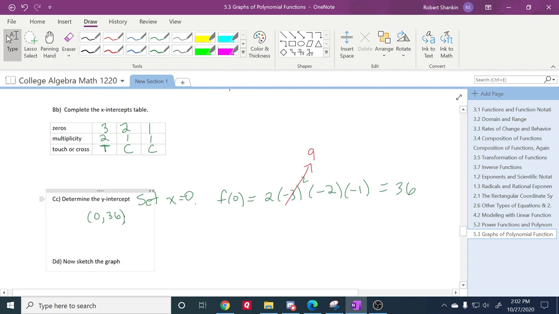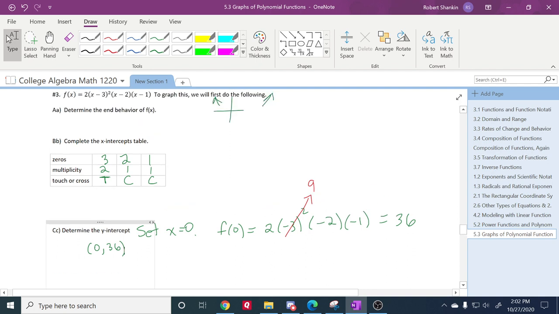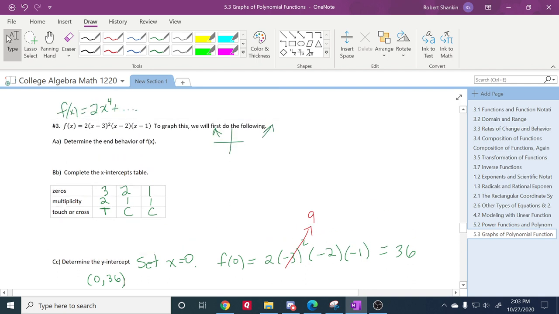For the y-intercept, it's simpler, but sometimes it takes longer to compute because you actually have to multiply things out. We set x equal to 0, and then every one of these x's gets replaced with 0. It goes in here, okay, thank you, and here. All right. Well, not in that first one. I did that wrong.